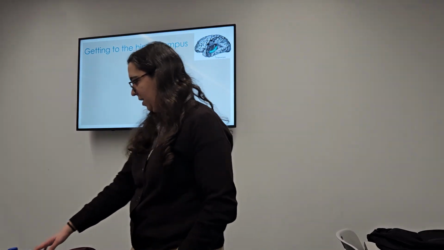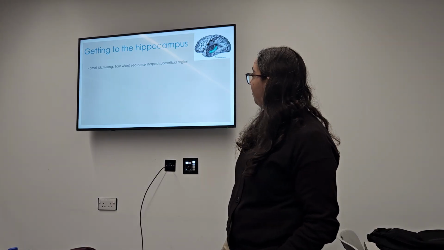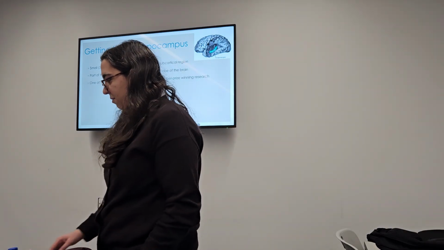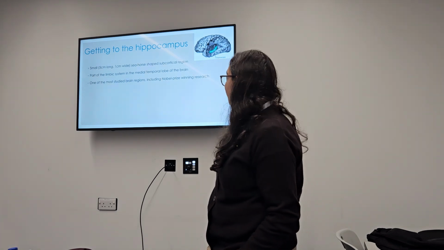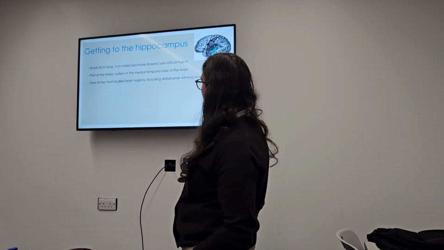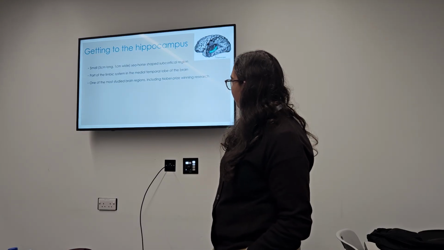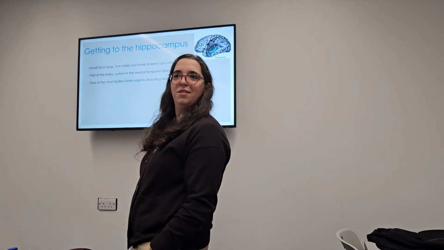So as you can see here, it is a small seahorse-shaped region nested deep inside the medial temporal lobe. It's part of the limbic system. And as you may already know, it is one of the most studied brain regions, basically of them all. So I'm not unique in my interest here. Some lucky researchers even got a Nobel Prize for studying it. That's the GPS cells, if you've heard of that.